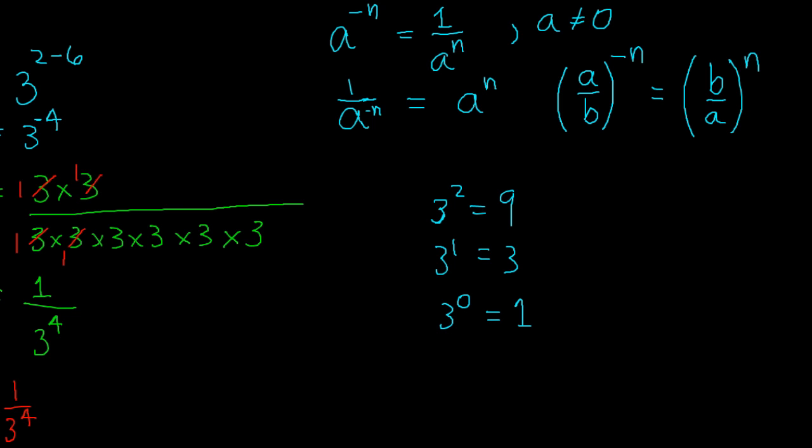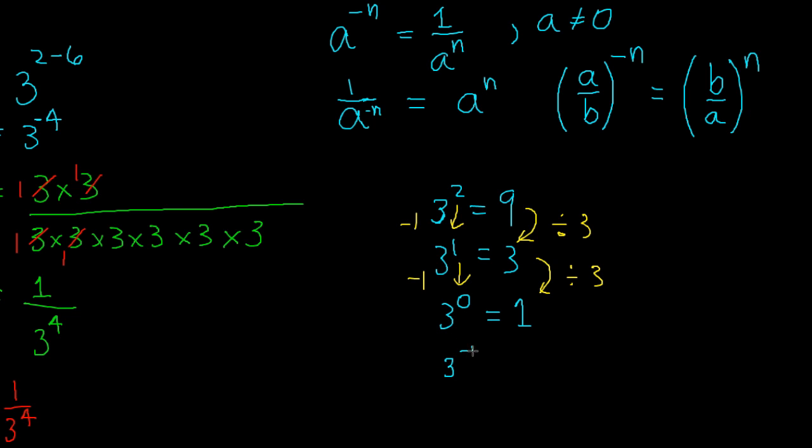What we discover is that as I continue to drop that exponent by 1, and I drop it by 1 again, we notice that we divide by 3. So 9 divided by 3 would give me 3. 3 divided by 3 would give me 1.